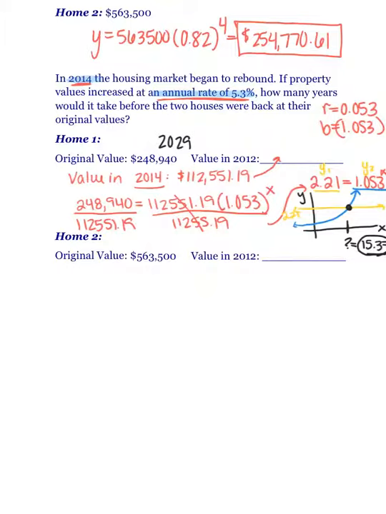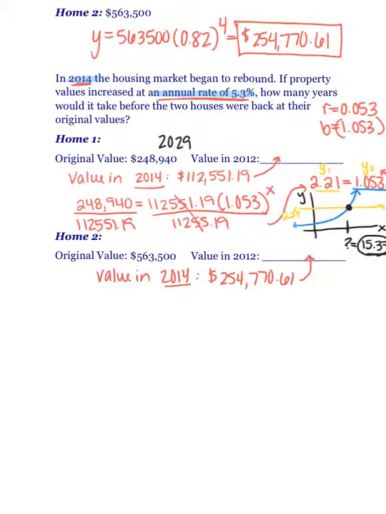In the second example, the value in 2012 is going to be the same as the value in 2014. We have $254,770.61. So I'm going to take, that is what I want as my output, and that's going to be equal to my, actually, that's not what I want as my output.